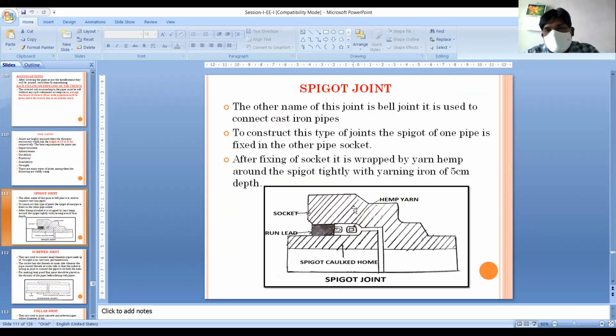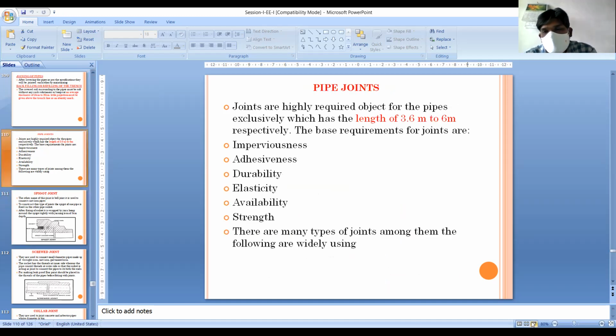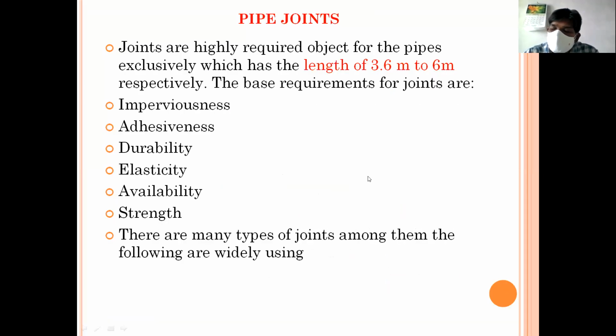We have finished 4 types of joints. Before that, we discussed the desirable specifications of pipe joints before selecting them.